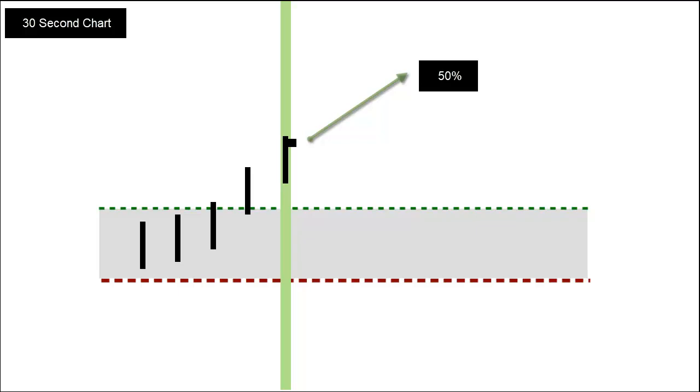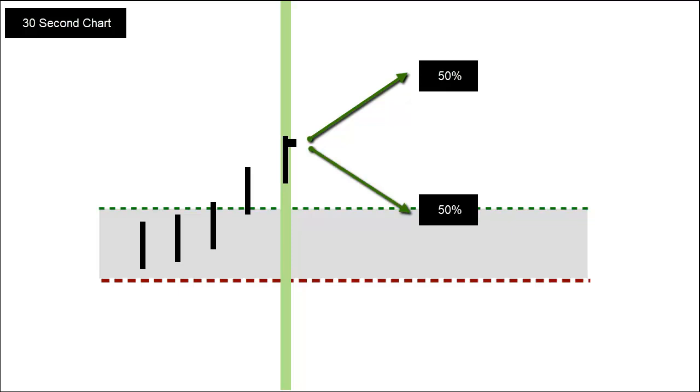Now, 50% of the time, we're going to see price continue on from the point of the alert bar. It's not going to pull back. It may wiggle around a little bit, but then it takes off and keeps on trucking. So 50% of the time, price just keeps moving in the direction of the initial momentum.